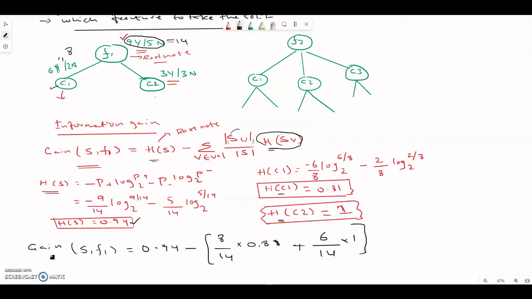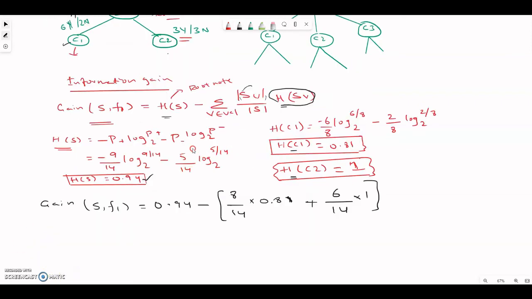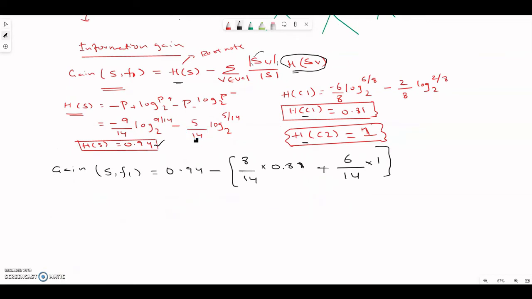After calculating, we get the gain of S and F1 to be 0.049. Now we have got the information gain for feature F1.